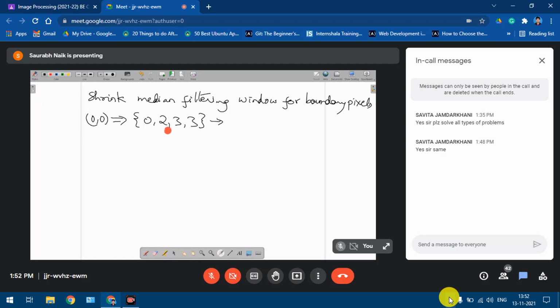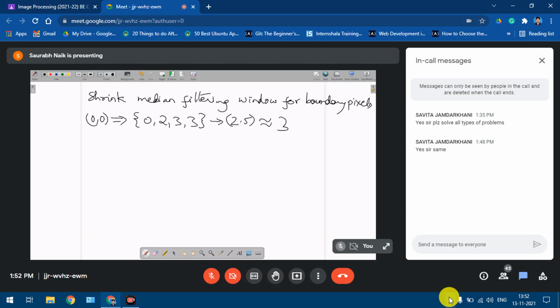Since there are 4 numbers over here, the second and third value will be the median. So I have to take the average of these two medians. The average of 2 and 3 will be 2.5, which when rounded is approximately 3.